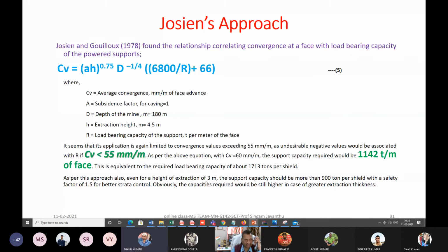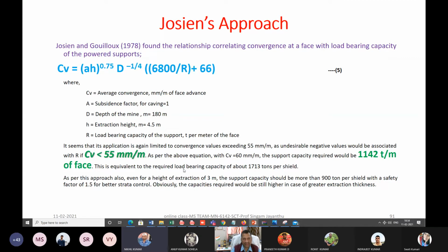It seems that its application is again limited to convergence values exceeding 55 mm per meter, as undesirable negative values would be associated with R if CV is less than 55 mm per meter. As per the above equation, with CV equal to 60 mm per meter, the support capacity required would be 1142 ton per meter of the face.